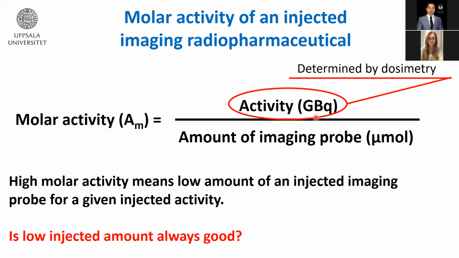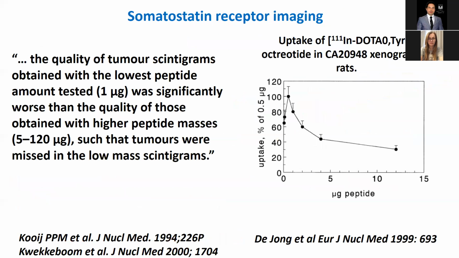Taking into account that high specific activity ligands were developed in Uppsala first and really made miracles, essentially creating molecular imaging, that was very clear to me. I always had to strive for high specific activity.